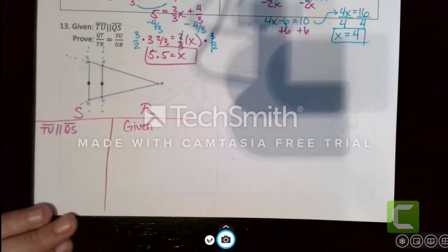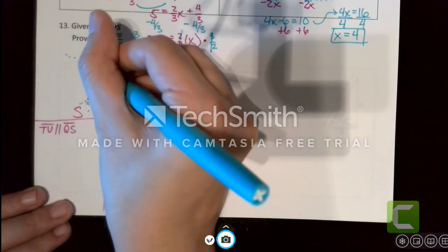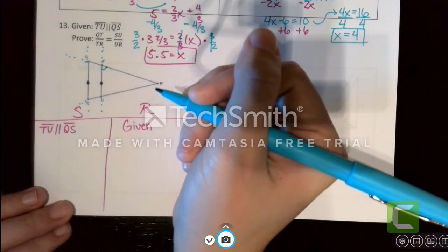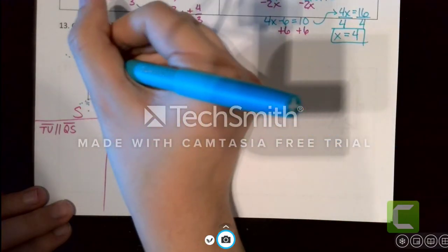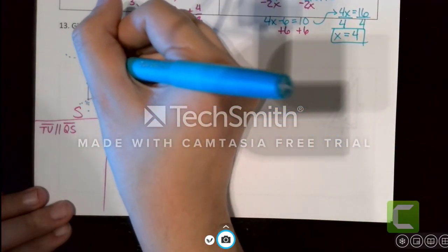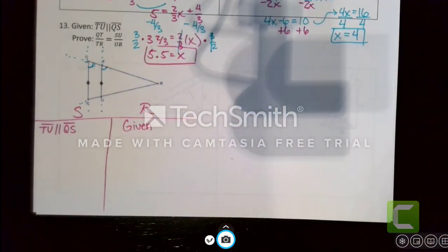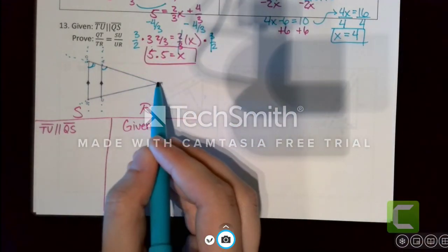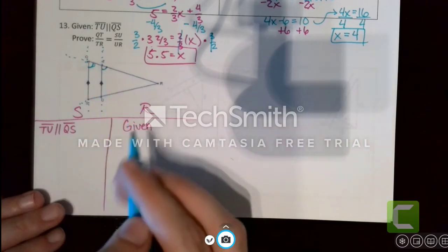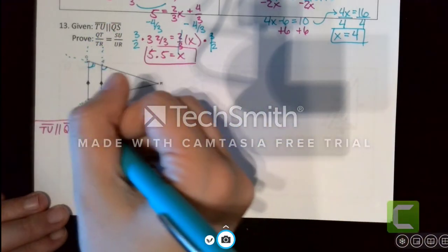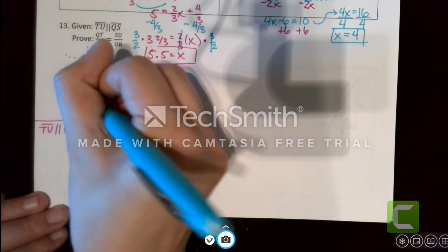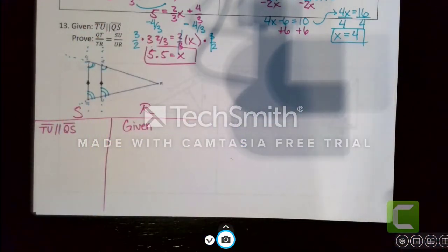So this means that angle RTU has to be congruent to angle ROS by corresponding angles. And the same thing also occurs when we look at RUT, and that also has a corresponding pair, RSO, by corresponding angles as well.